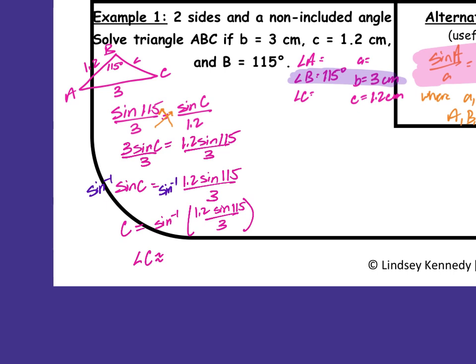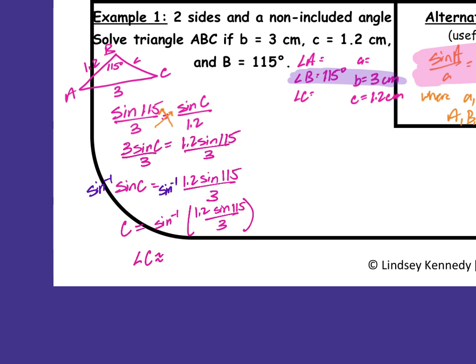So I need to have a new little thing here. And I'm going to go to functions first. So I'm going to do sine inverse. Okay, so I have a parenthesis. Now I need to put in my inner part, and I need to have a parenthesis for that. So I have 1.2 sine of 115, parentheses.